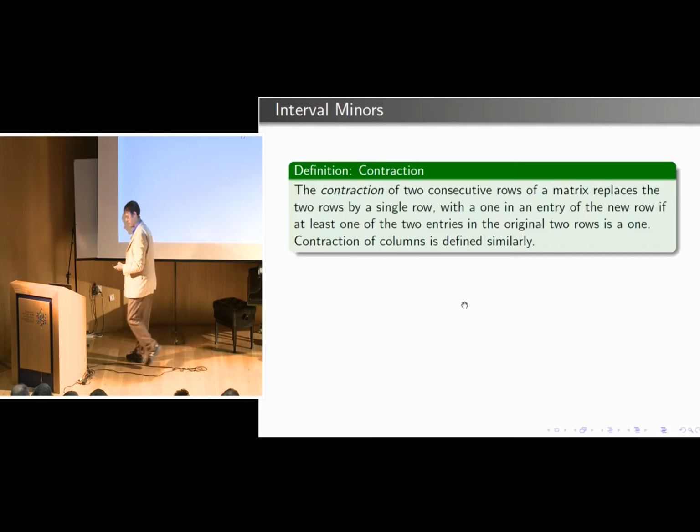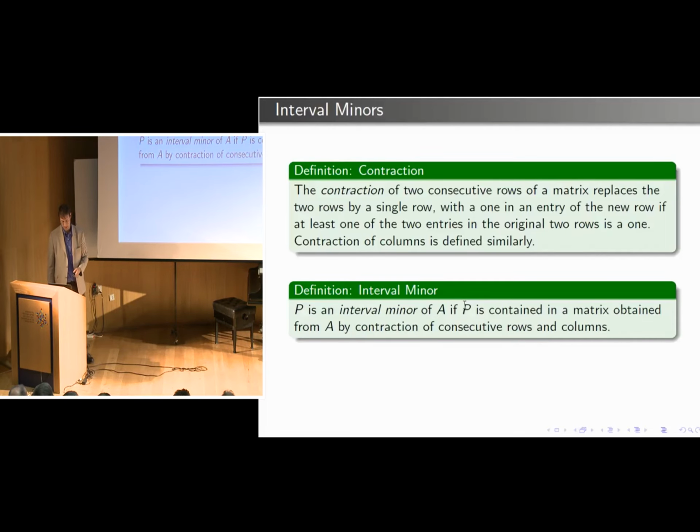So this is this notion of contraction, and then you can ask a similar extremal problem, and you can define a notion of minors here. A matrix P is an interval minor of A if P is contained in a matrix obtained from A by contraction of consecutive rows and columns. So you're allowed to contract rows and columns, and then it would be the usual containment once you've done all these contractions.